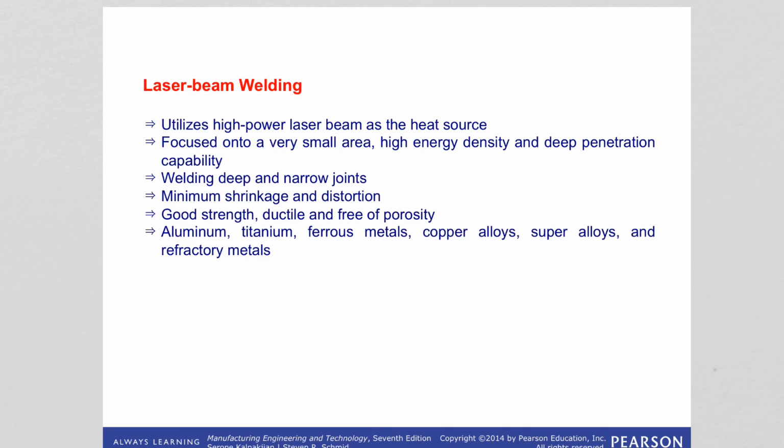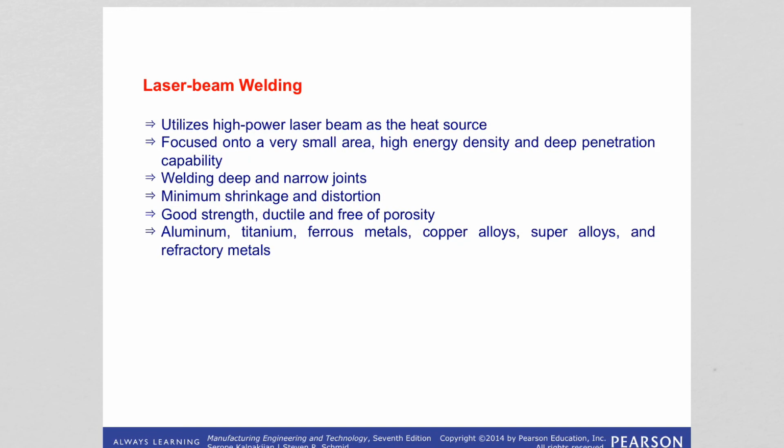In laser beam welding, this technique utilizes a high power laser beam as the heat source to produce a fusion weld. It is focused onto a very small area. The beam has high energy density and deep penetrating capability. This beam can be directed, shaped, and focused precisely.